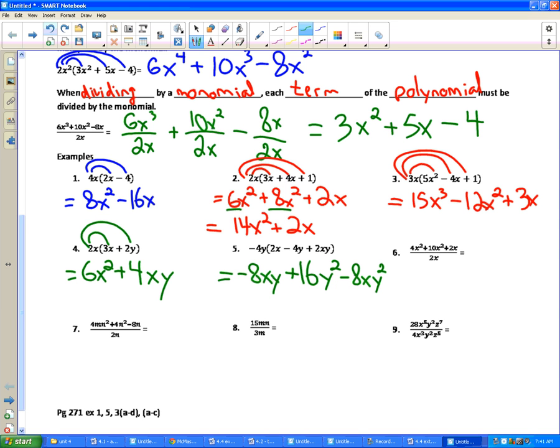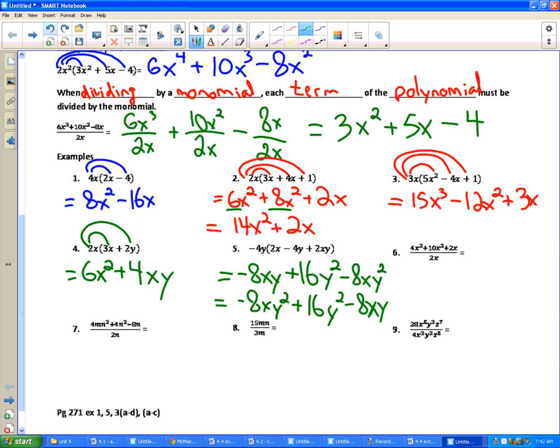Now, some people may say we should probably reorder this, because normally you put the highest exponents at the front. And I could say this is going to be 16y squared minus 8xy squared minus 8xy. That's the other way we want to represent it. Usually the highest exponents go first.